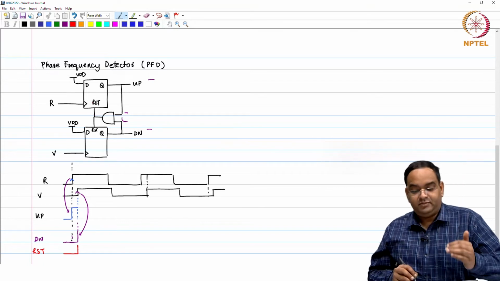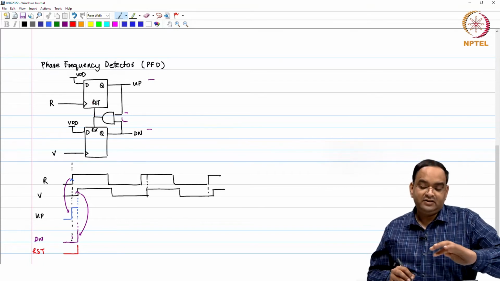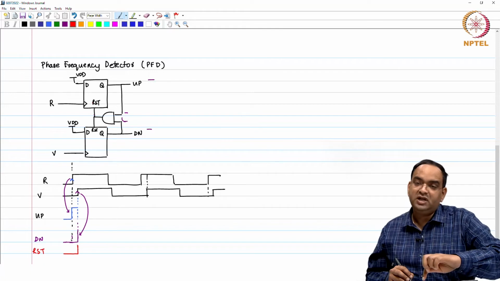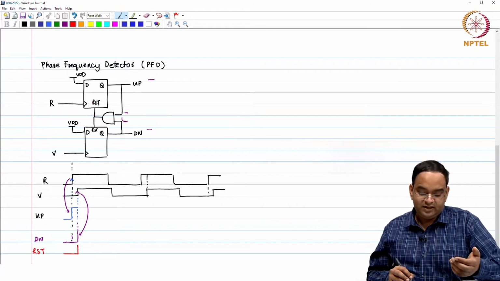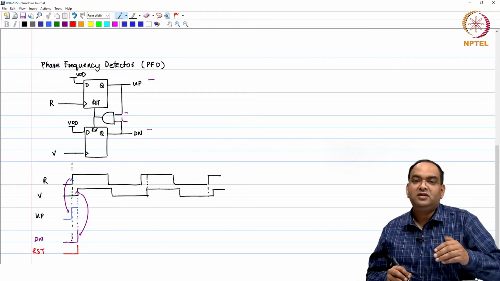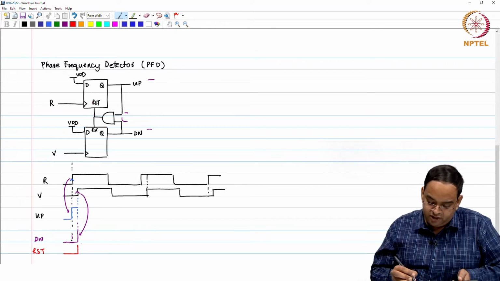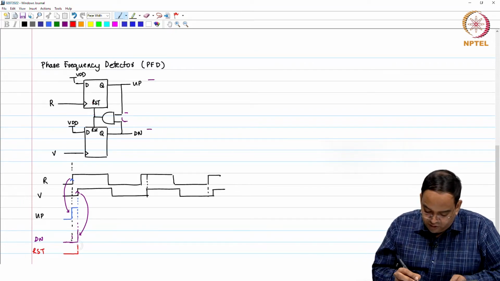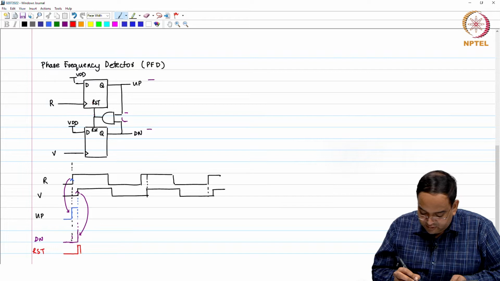In a real circuit, there is some time lag from the down signal going high to the reset signal going high, and then from reset going high to up and down going low. So, right now I am just putting all of that time duration as the reset signal going high.